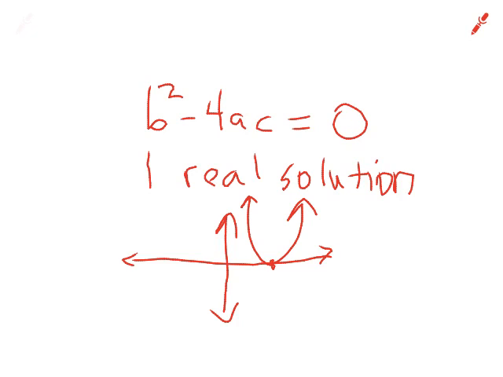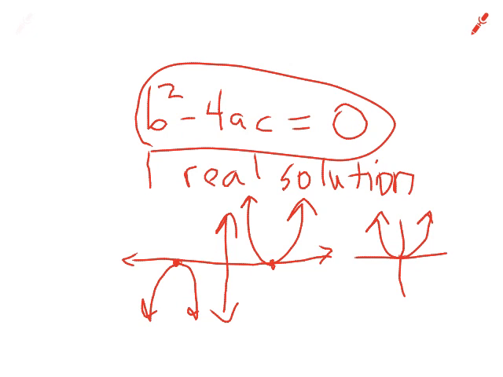If the parabola opens down, the vertex is the only point that sits on the axis. The parabola could also be right at 0, 0. It doesn't have to move side to side. So that's what happens if you have 1 real solution, and that takes place if the discriminant is equal to 0.